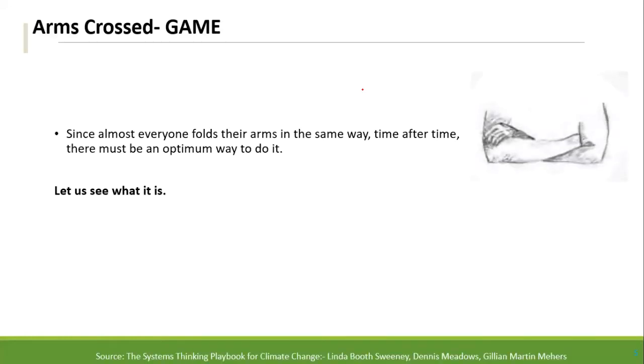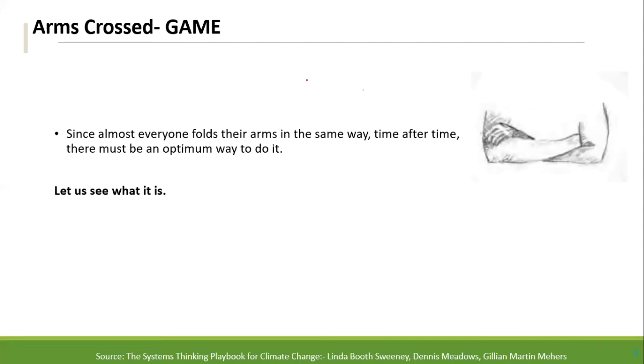There are two categories: first is right hand, second is left hand. So a 50-50 distribution, we can say. Agreed? And almost everyone folds their hands in the same way time after time.